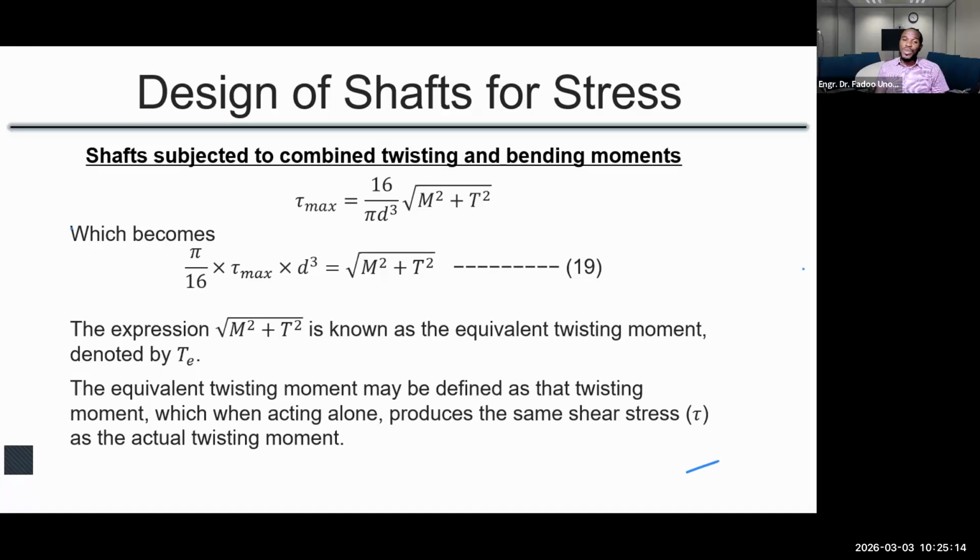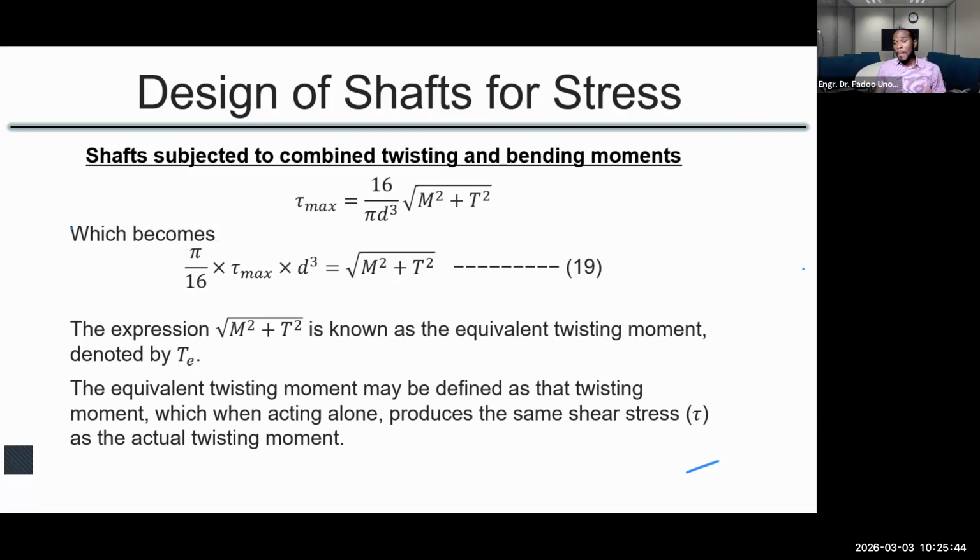And we call this expression on the right-hand side the equivalent twisting moment, because this equation looks exactly like equation 5 that we developed for a shaft subjected to only torsional moments, that the twisting moment to be transmitted is pi over 16 times the maximum allowable shear stress times d cubed.